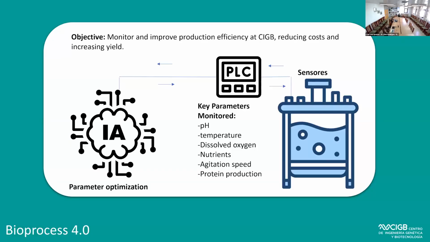So we are developing and training an AI to autonomously adjust parameters like pH, oxygen, nutrients, etc., to maximize the yield of recombinant protein production.